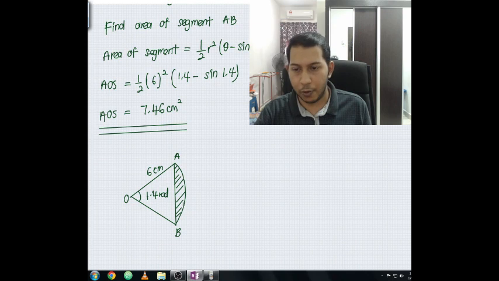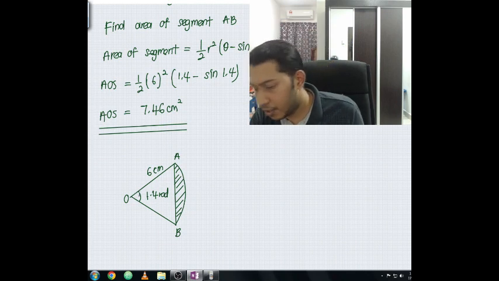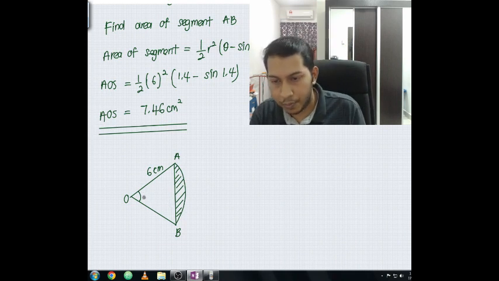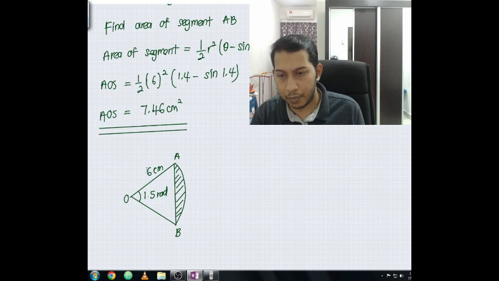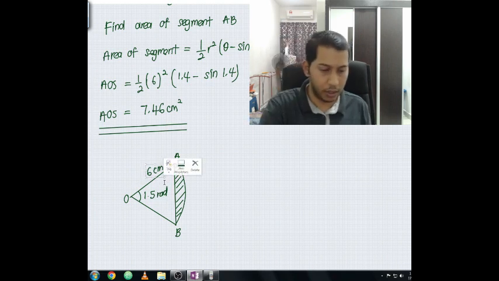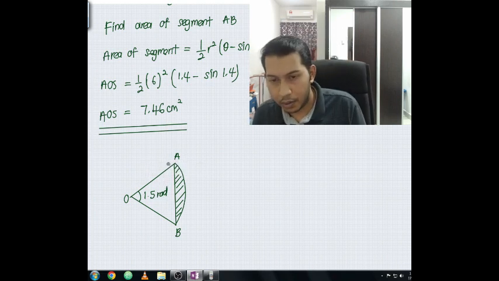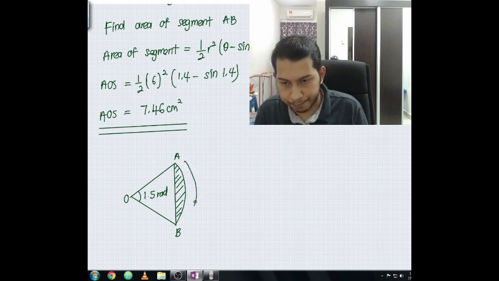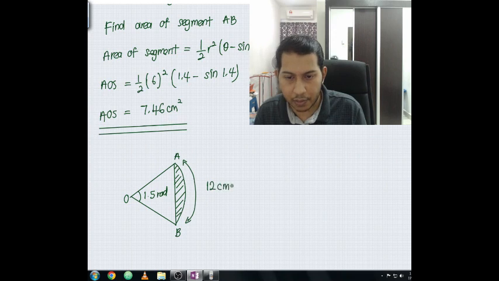Similar AOB. So the angle this time we change it into 1.5 radian. So this one we remove. Now we give the length of arc AB, which in this case is 12 centimeter.